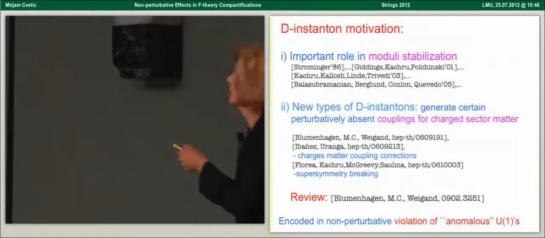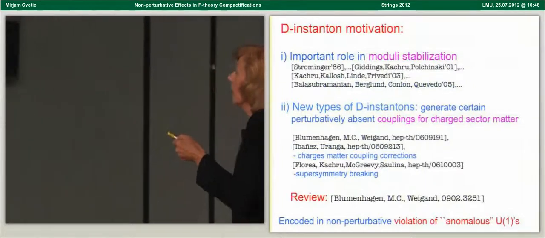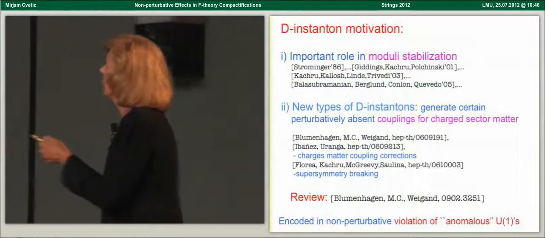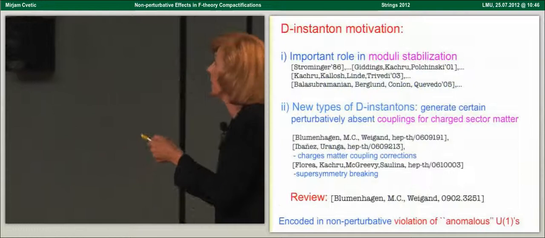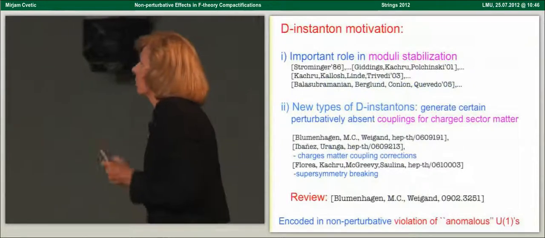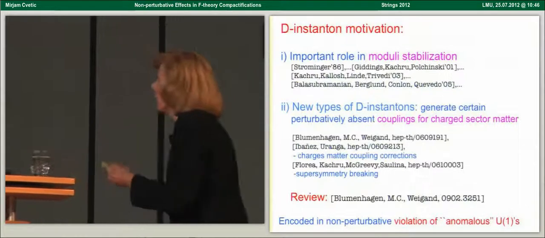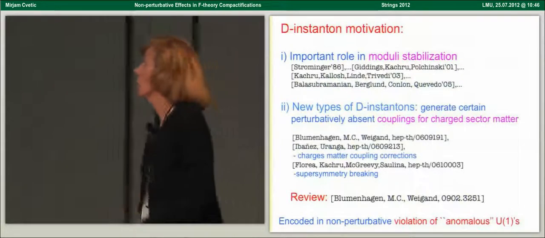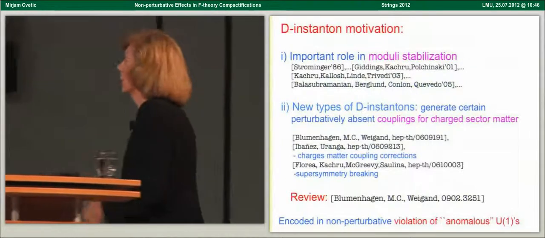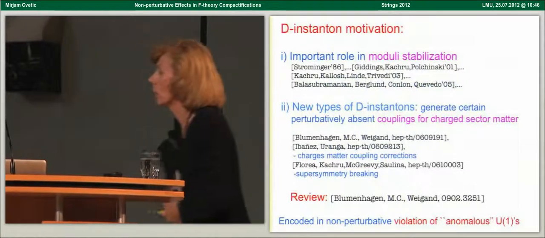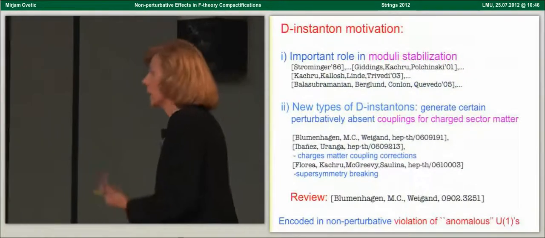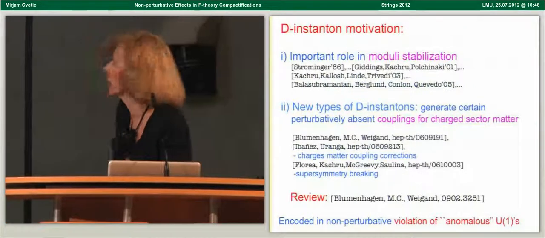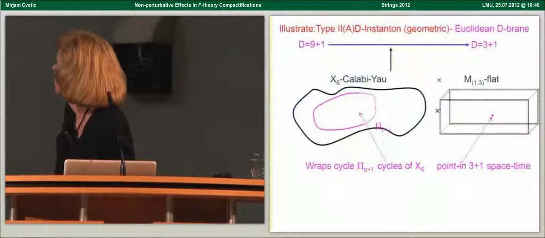And as Angel has mentioned at the beginning, this idea was spelled out in 3 independent papers with slightly different motivations. But the core thing is that one focuses on non-perturbative violation of so-called anomalous U(1)s in the presence of more general instantons, which then, due to the breaking of this anomalous U(1) to a discrete symmetry, produces couplings that were originally forbidden for the charged sector due to this U(1) conservation.